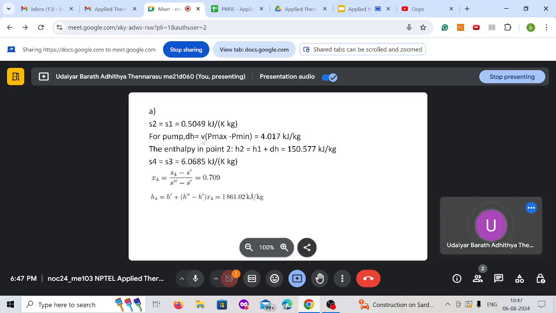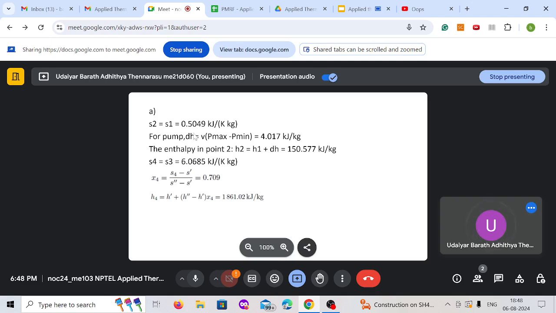So for the pump, dH is V delta P. Being liquid, it's incompressible, so your specific volume will not change much, so you can assume that to be constant. So your work done will be minus integral V dP, so we assume V is constant, so it will be minus V integral dP, or V into change in pressure. So that is the work done across the pump.